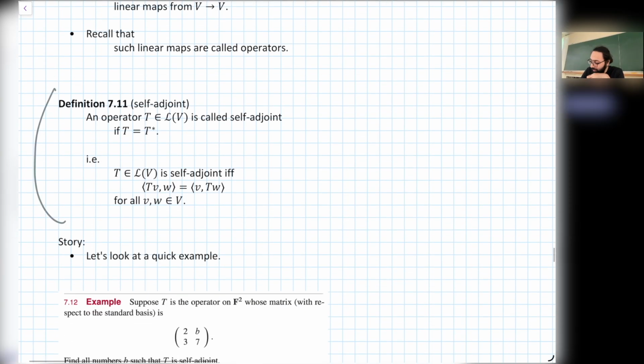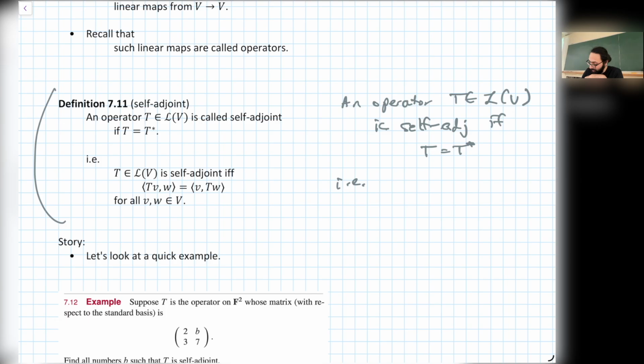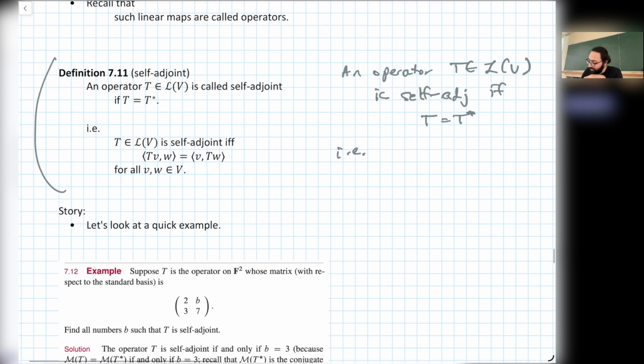We're going to say that an operator T in the set of operators is self-adjoint if T equals T star. One can write down the condition more precisely.